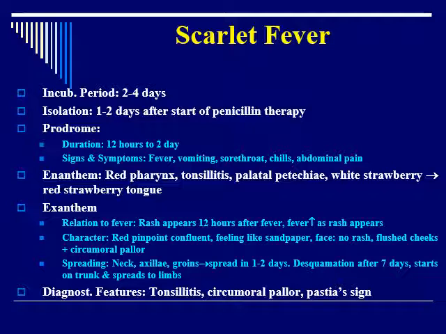The incubation period is less than 1 week. The infectivity period is only 1 to 2 days after the start of penicillin therapy. The mode of transmission, as we know, is airborne through droplet infection.